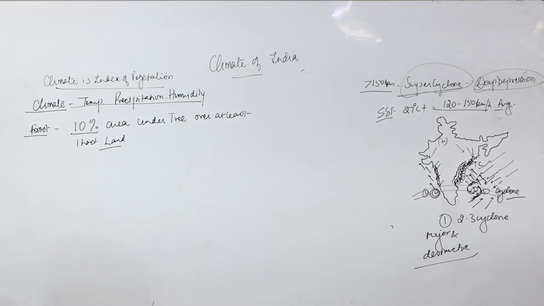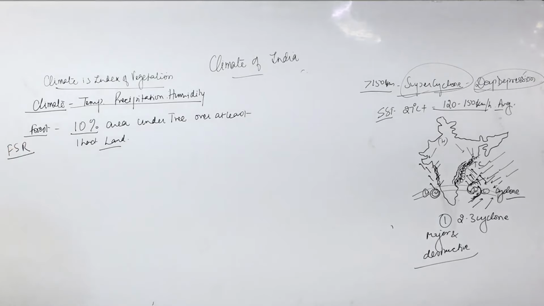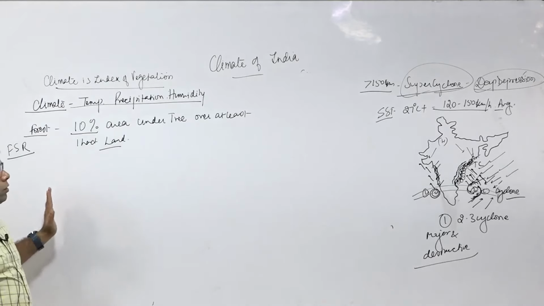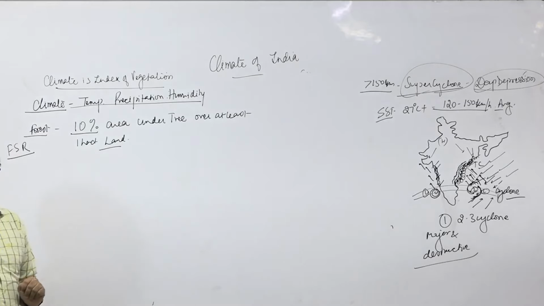This is the definition according to the Forest Survey Report of India. Any land with an area of 1 hectare, of which 10% is covered under trees, will be called a forest, right.